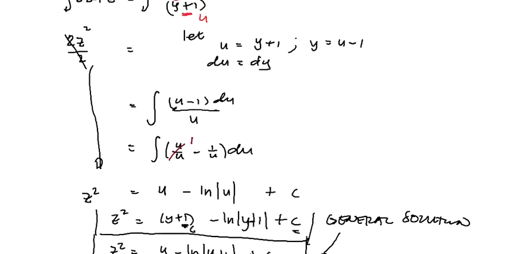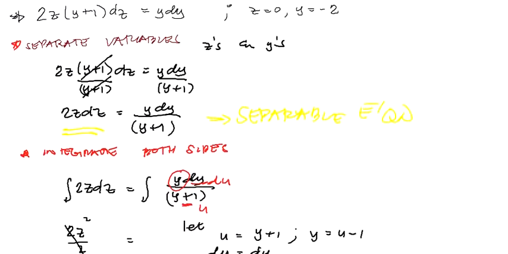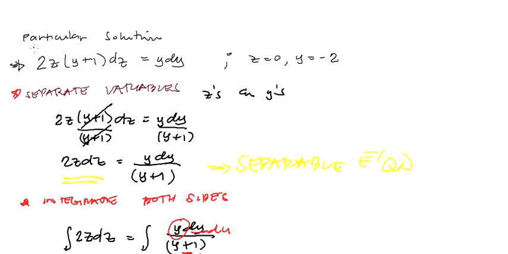Okay, but our problem is to find the particular solution given the initial condition z is equal to 0 when y is equal to -2.